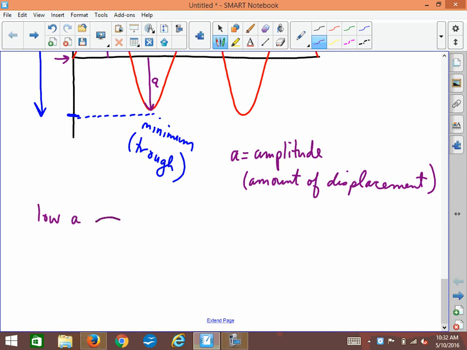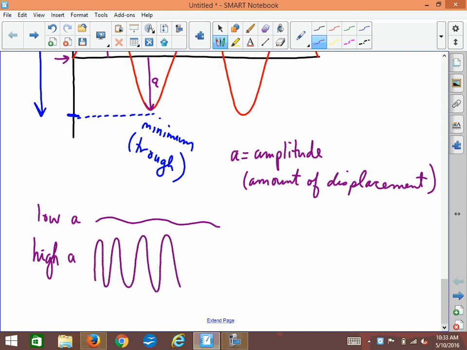The wave would have very, very shallow bumps. You're not really moving much or displacing much. But a high amplitude wave would have very pronounced movement, right? Differences like this. So it's basically how much you're going to wiggle, how far you're going to wiggle.